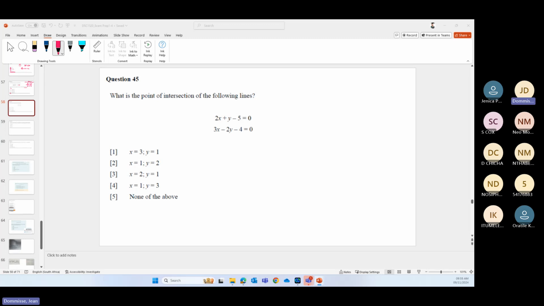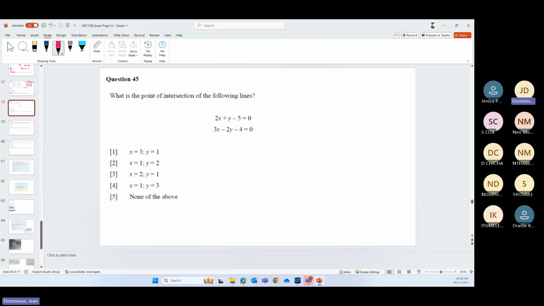This one is a bit different. So this one, they give you the question about, you need to look at what is the intersection of the two lines.